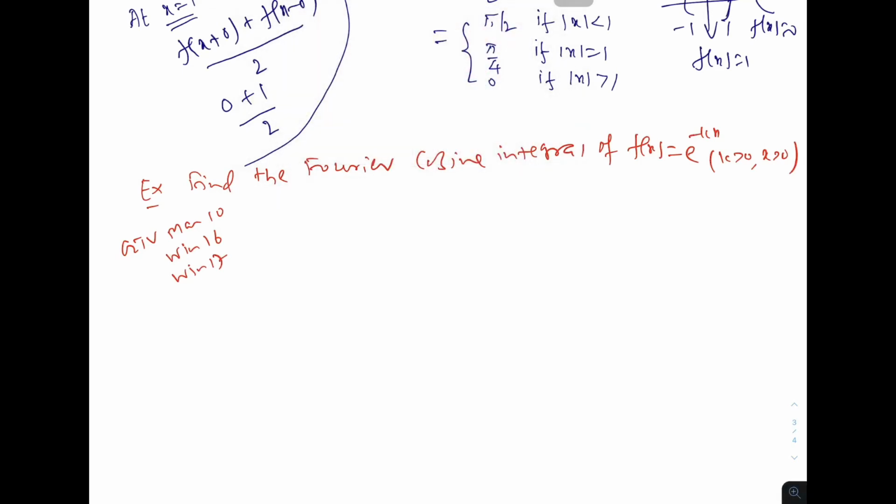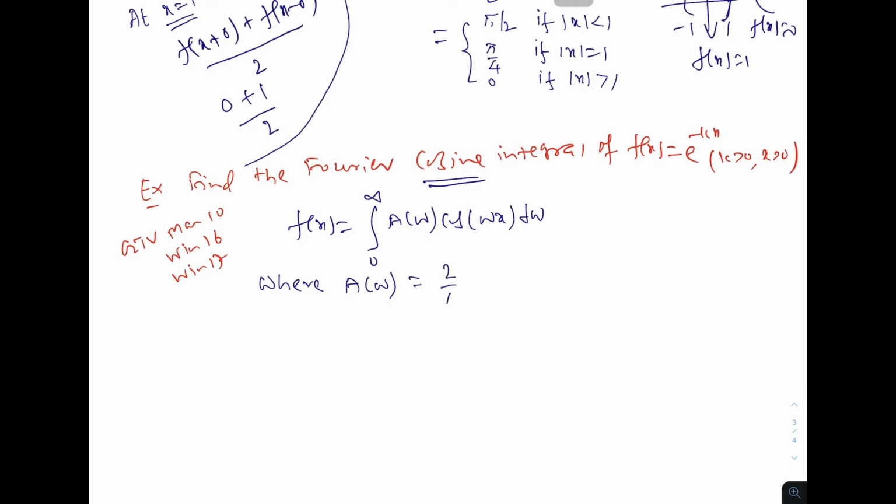So we need to find the Fourier cosine integral. Now what is the Fourier cosine integral? f(x) is equal to the integration from 0 to infinity of A(omega) cos(omega x) d omega, where A(omega) is 2 by pi times the integration from 0 to infinity of f(v) cos(omega v) dv.